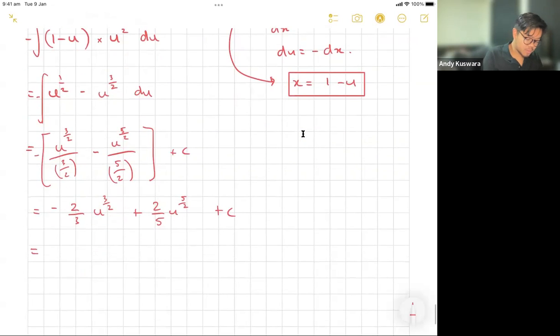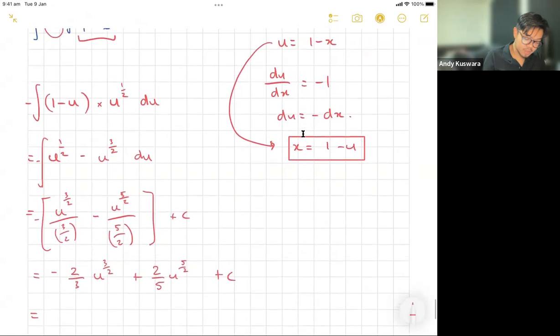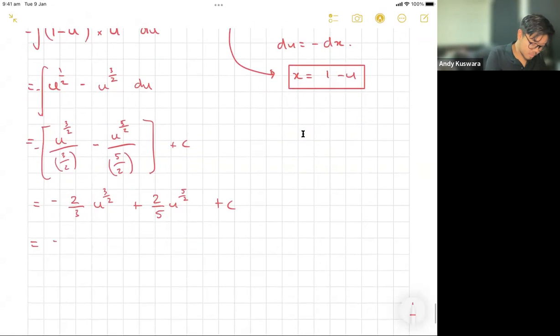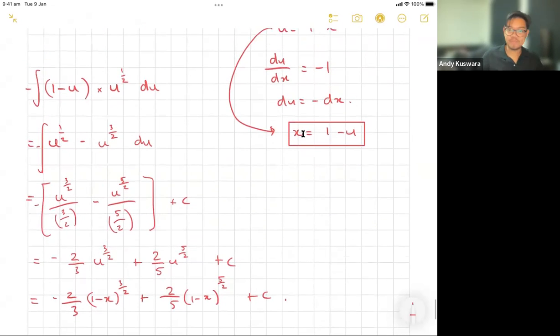All right, and all I'm going to do now is replace u with what I know. I said u was 1 minus x. So it's going to be minus 2 on 3, 1 minus x to the 3 on 2, plus 2 on 5, 1 minus x to the 5 on 2, plus c. And that there would be your integration.